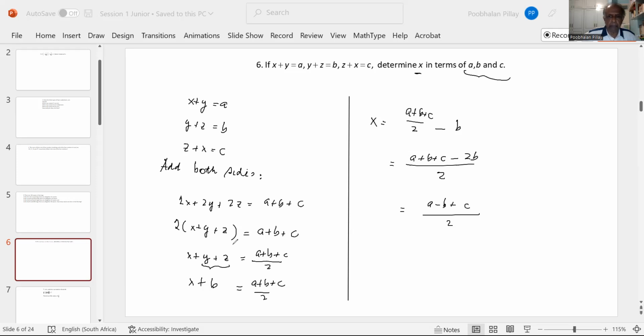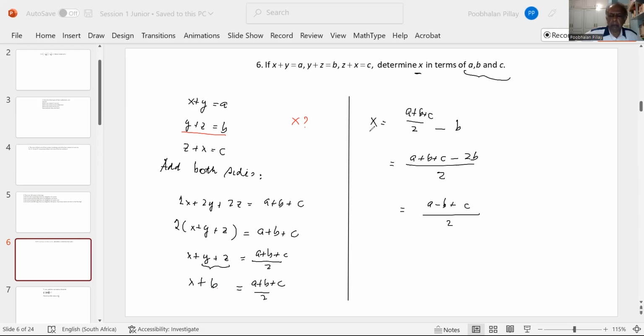And then, as we saw earlier on, you need to find x, that's your unknown. So the unknown in this problem is x. So let's isolate x, but the other part, y plus z, we already know is hidden there. See, y plus z, and that is equal to b. So now you have x plus b equals this.